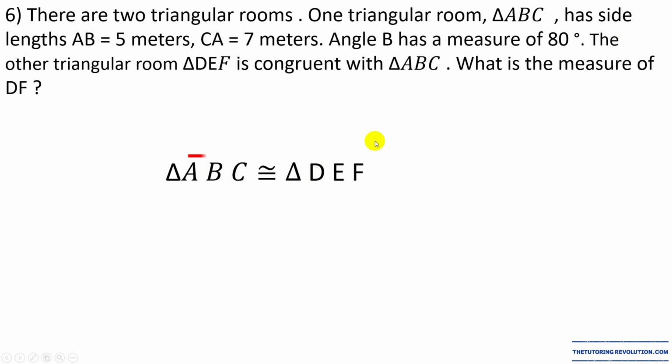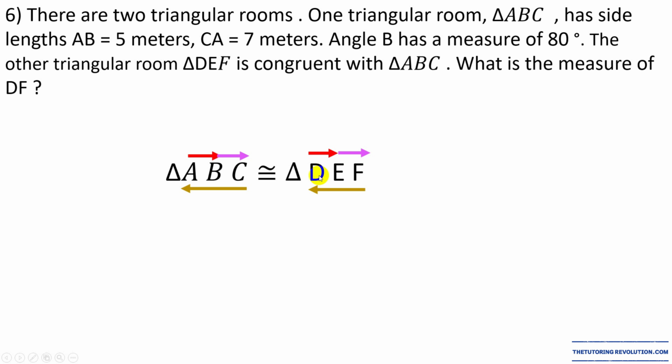Now, we know that when these two triangles are congruent, AB is going to be congruent with DE, side BC is going to be congruent with side EF, and the side CA is going to be congruent with the side FD.